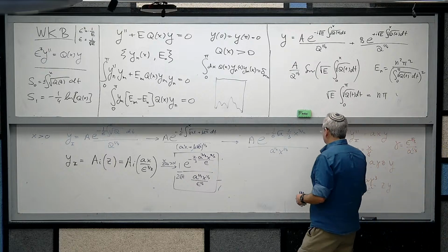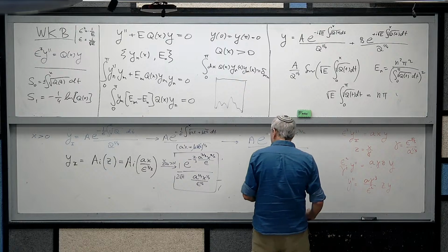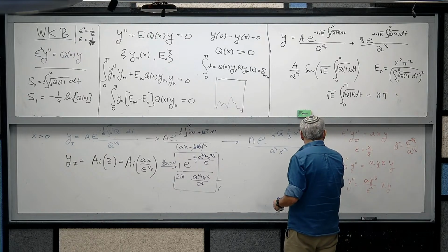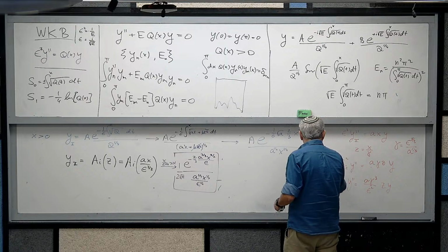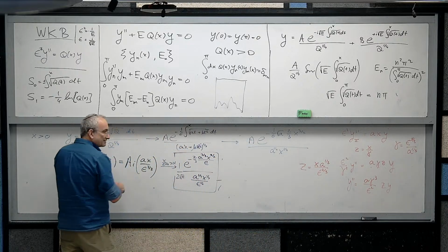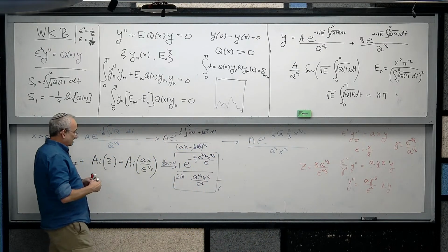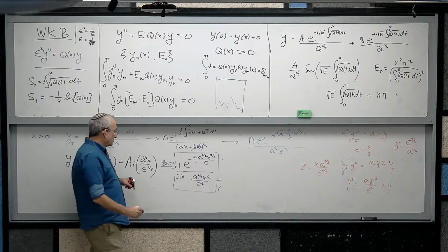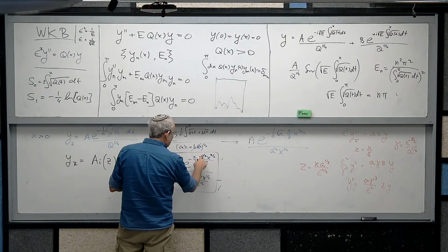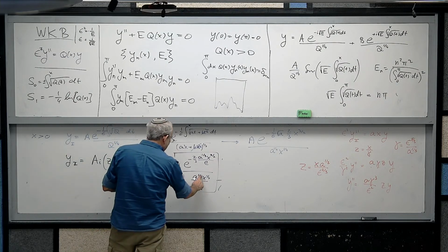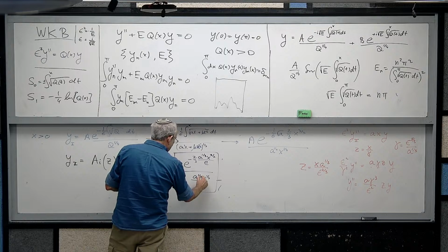And therefore, Z is x over gamma, which is x times a to the 1/3 divided by epsilon to the 2/3. So it's not a, this is a to the 1/3. So here we have a to the 1/3, so this is a to the 1/2. And this is not a to the 1/4, it's a to the 1/12.